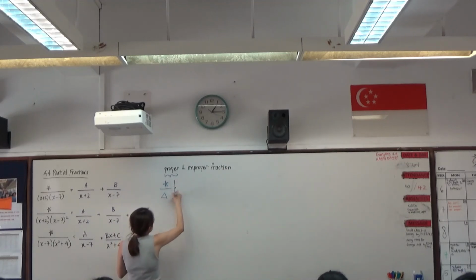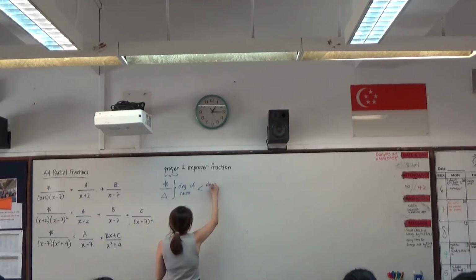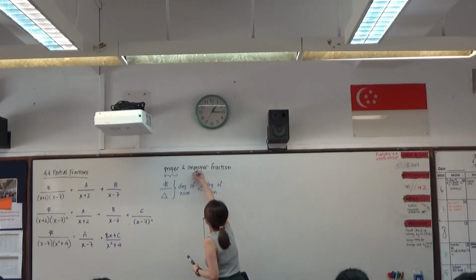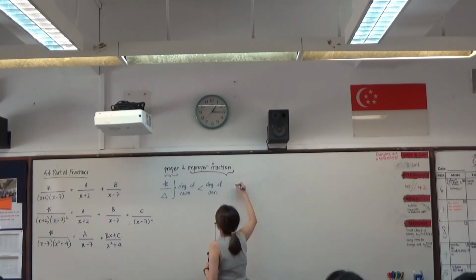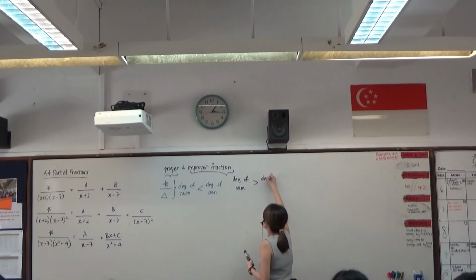So how should I express this? Degree of numerator must be smaller than degree of denominator. Okay? While for your improper fraction, your degree of numerator will be larger than the degree of the denominator.